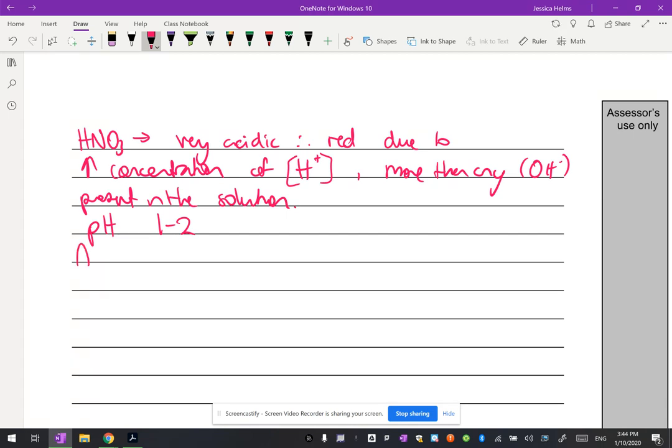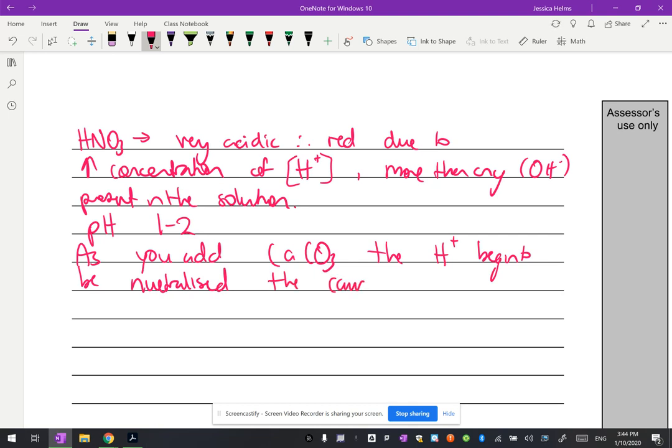Now, as you add the calcium carbonate chips, which is the marble chips, the hydrogen ions begin to be neutralized. Okay, so this causes the pH to rise, say to maybe between 3 to 6.